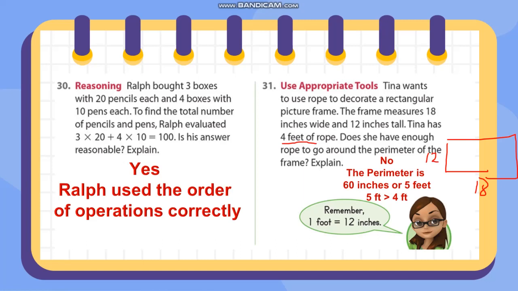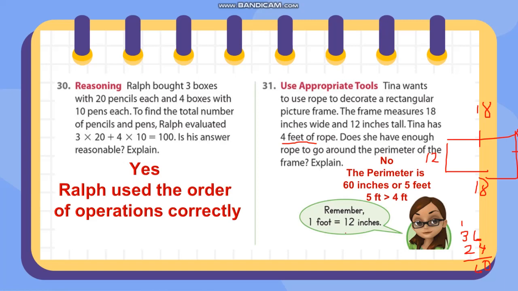When we say perimeter, it means the measurement of all the sides. So if this is 18, this must be 18, and if this is 12, this must be 12. So to find the perimeter, 18 times 2 is how many? That is 36. And 12 times 2 is equivalent to 24. So 36 plus 24 is equivalent to 60. So it means she needs 60 inches.